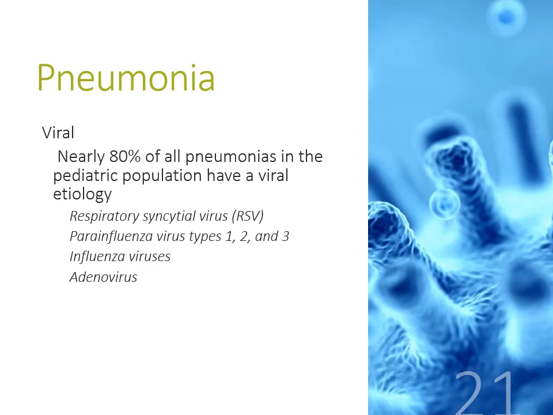So let's talk about influenza. Although influenza may cause pneumonia, it occurs predominantly in the very young or very old, and it's usually during the late winter or early spring. Clinical symptoms consist of rapid fever and generally feeling unwell, and the duration is shorter than that of RSV or parainfluenza.